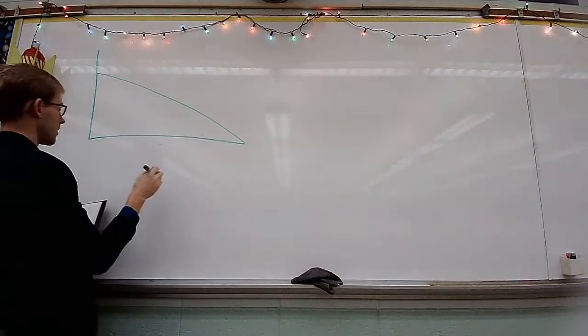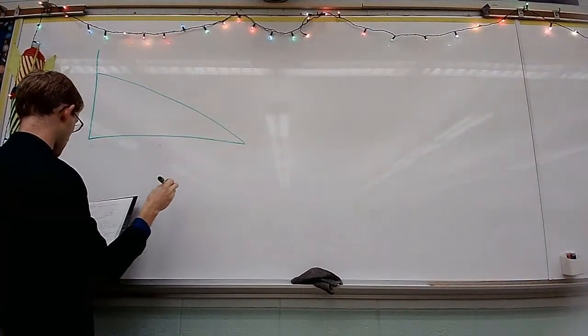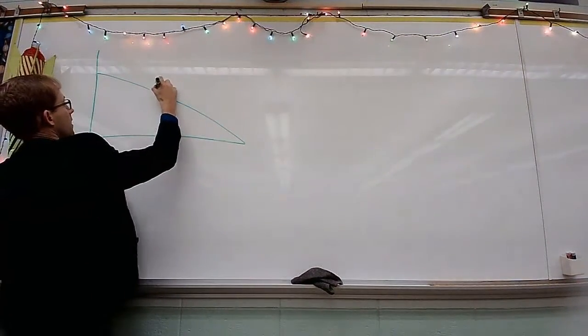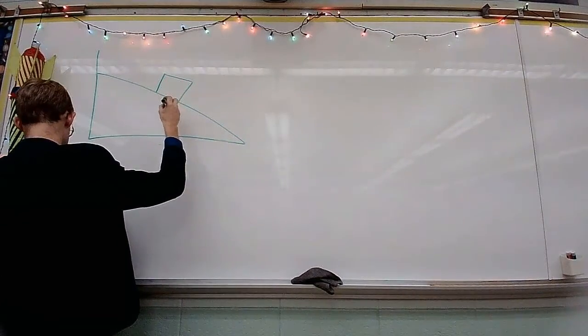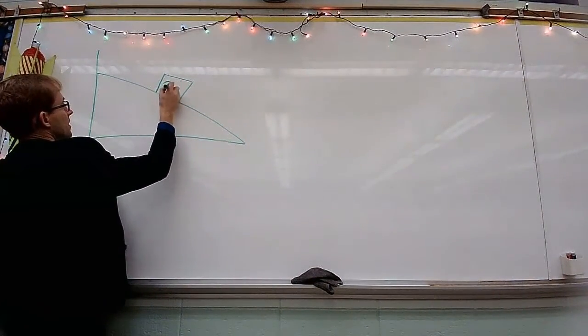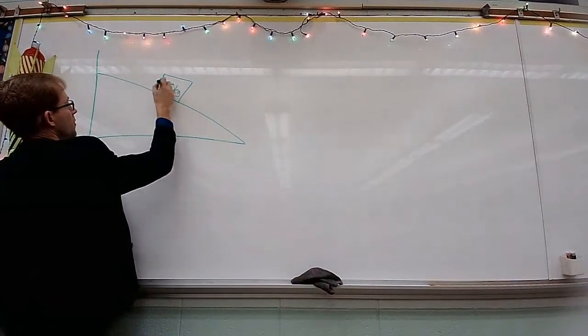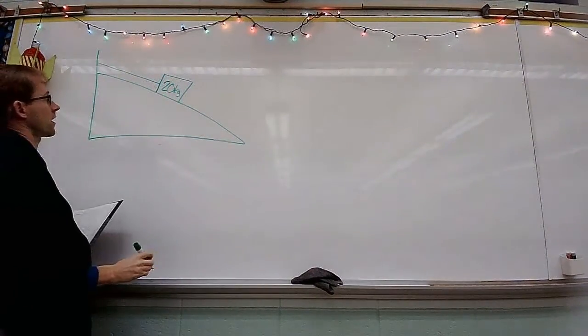And this one's going to look a lot like the one that we had in our notes here. We've got our block. The block is 20 kilograms, and it's being held in place by a little string.